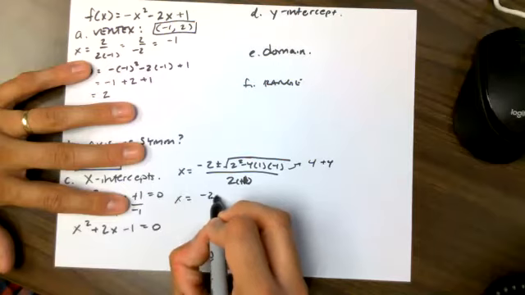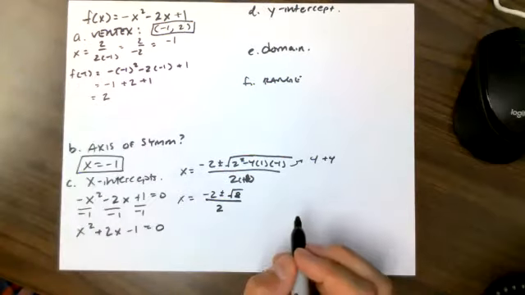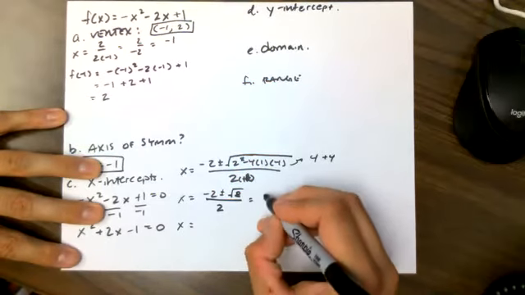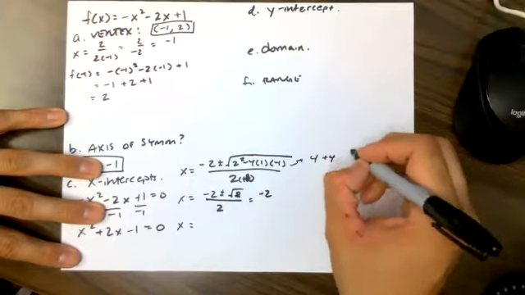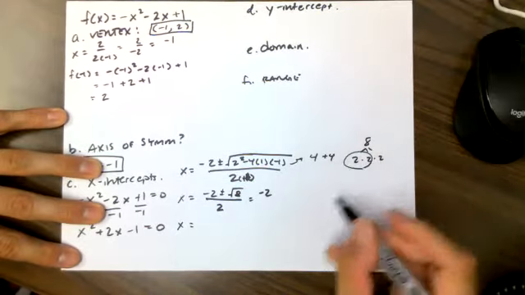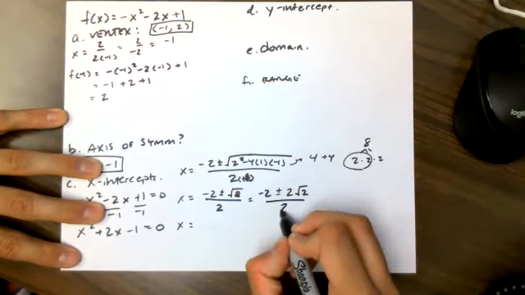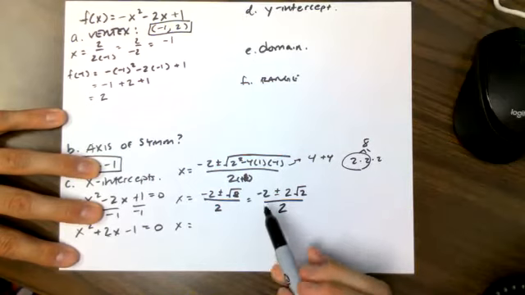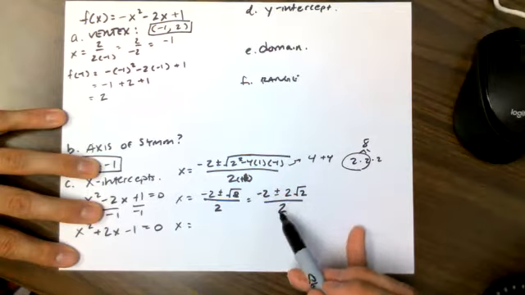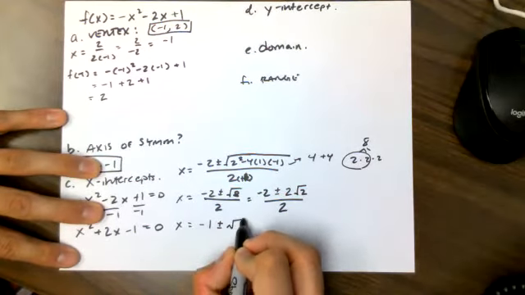So you get x equals negative 2 plus or minus the square root of 8 all over positive 2. We got to simplify this thing. 8 is 2 times 2 times 2, so we can take a 2 out. So negative 2 plus or minus 2 square root of 2 all over 2. And then this simplifies because there's a 2 that can be divided into all 3 of these. So this winds up being negative 1 plus or minus the square root of 2.